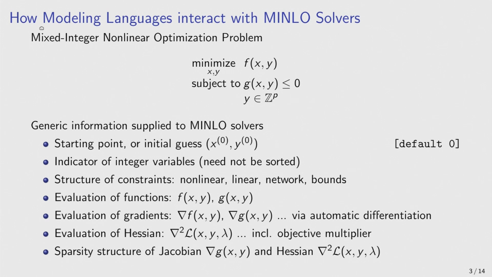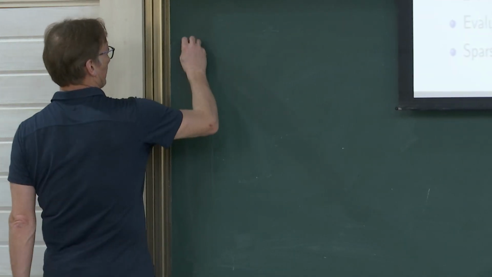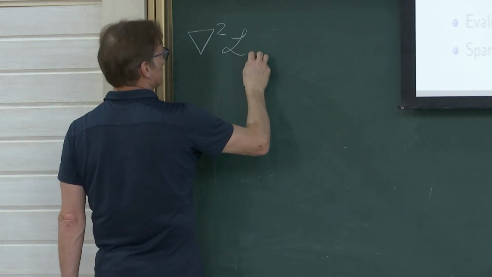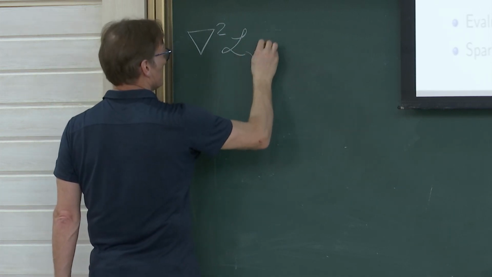And this involves a Lagrange multiplier, but there's also a multiplier on the objective function. And the reason is that sometimes you want to not include the Hessian of the objective in your evaluation. So the Hessian of the Lagrangian, in this case, has an additional multiplier, I call it mu.